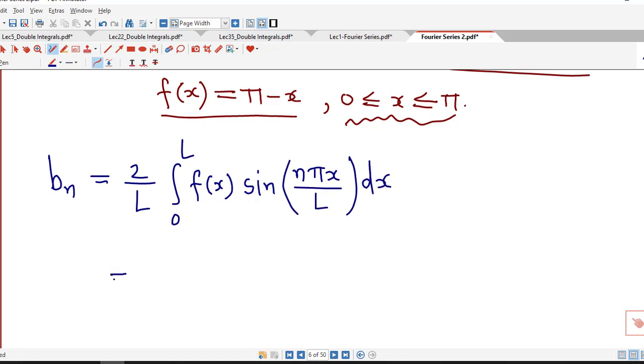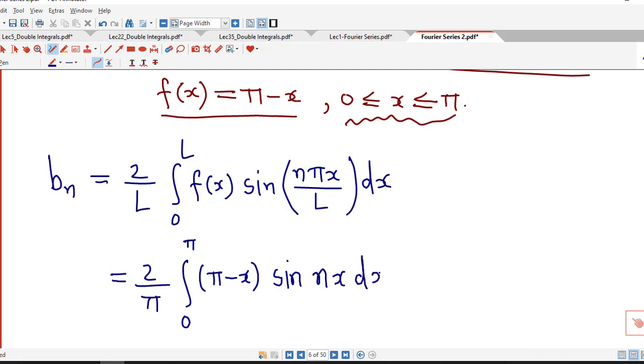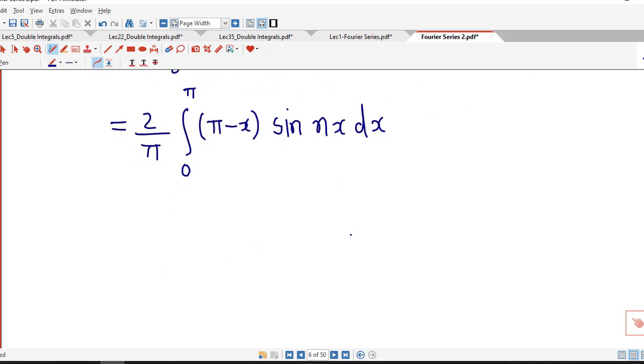Now here L is pi, so if we put L equal to pi, we have 2 divided by pi integral from 0 to pi f(x) is pi minus x, sin nx dx. So here we apply integration by parts. We consider this as function u, this as function v.